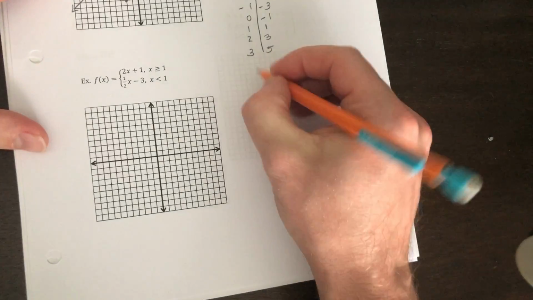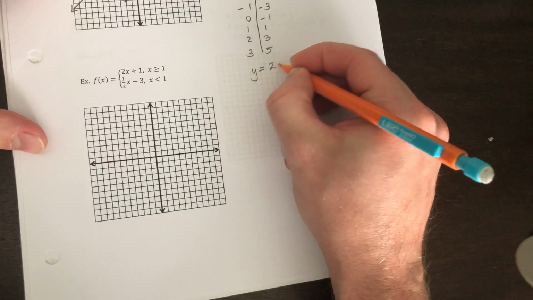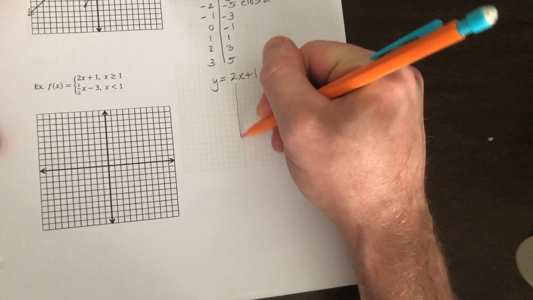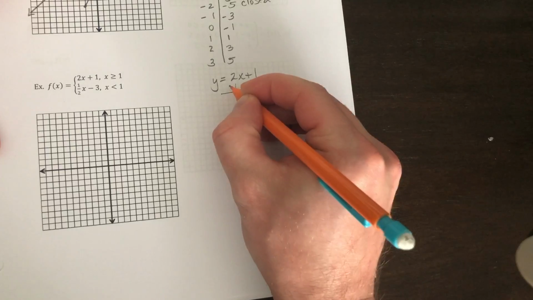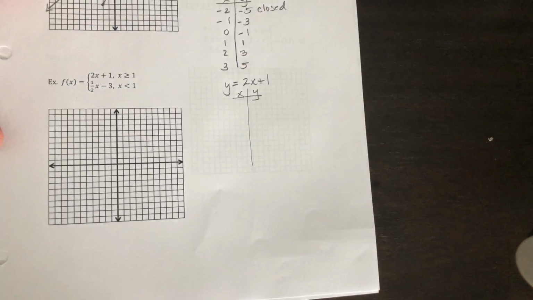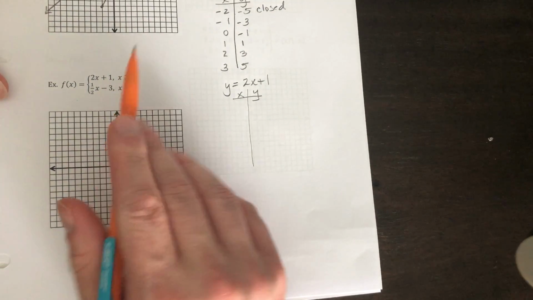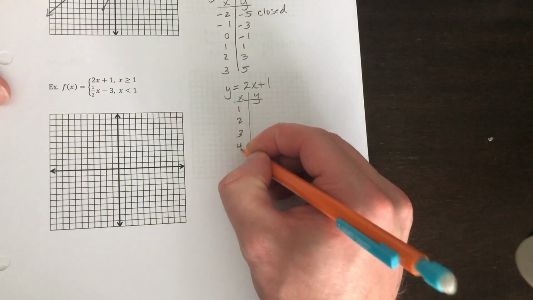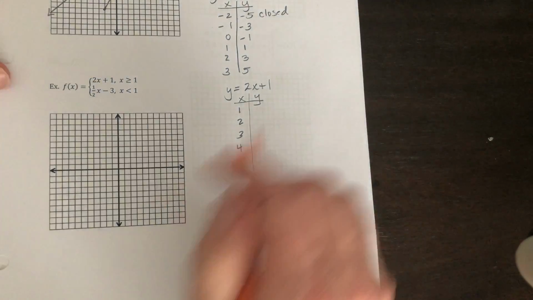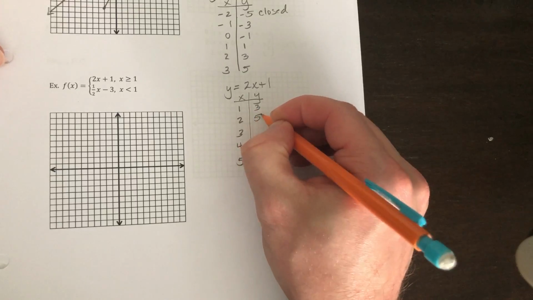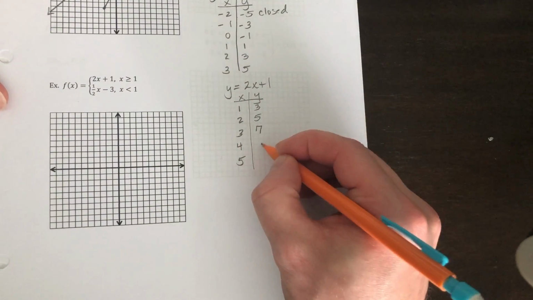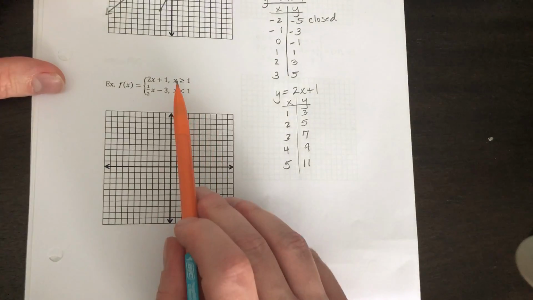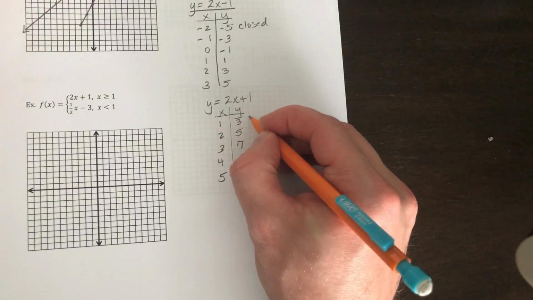Okay, and next one, we have y is equal to 2x plus 1. And we're going to make a T-chart, or a table, whatever you like to call it. I call it T-chart. So we're going to start with values greater than or equal to 1: 1, 2, 3, 4, 5. Plugging in a 1, we get 3, 5, 7, 9, and 11. Since there's an equal to sign in this branch, this is going to be closed at 1.